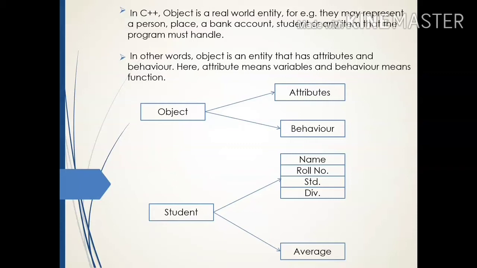Let's take an example. Student. Here, student is an object. As I said, object can be living thing or non-living thing. So, student can be object. Object always gets classified into attributes and behavior.